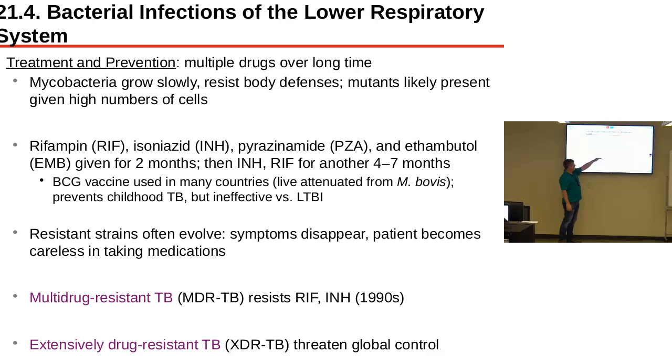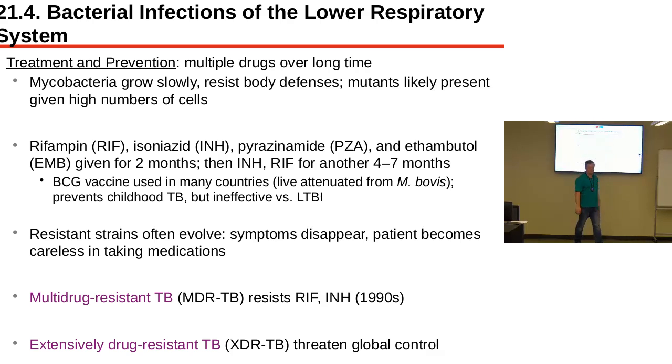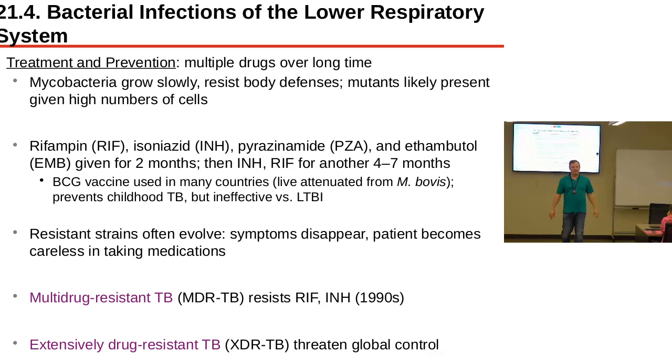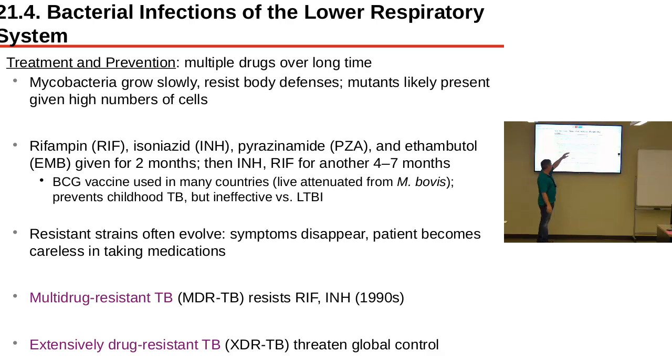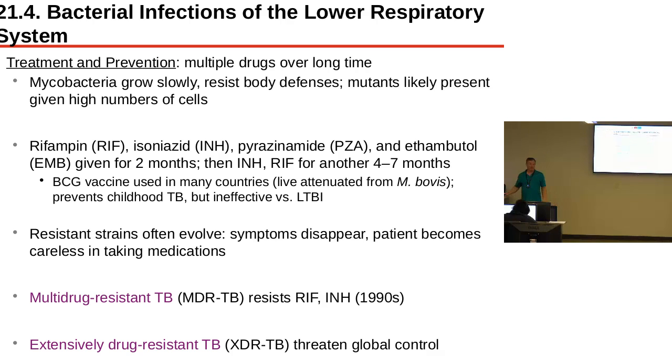So resistant strains often evolve again because this is a long-term antibiotic strategy you're put on. You may be on this antibiotic for months, if not up to a year or better. So compliance is a major issue. When we have compliance issues, sometimes we get resistance popping up. But of course, compliance is not the only reason we get resistance.